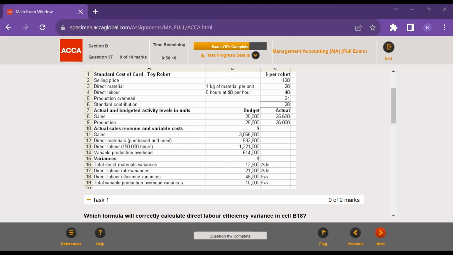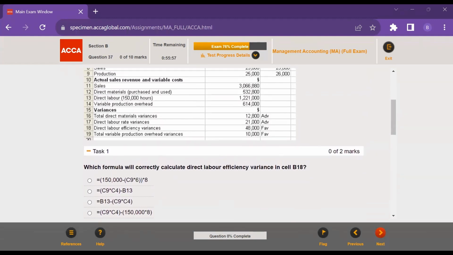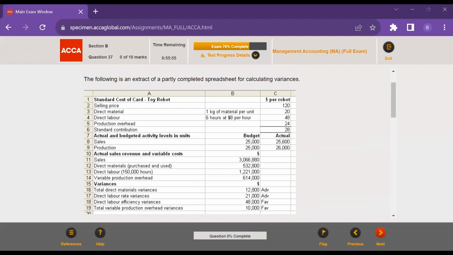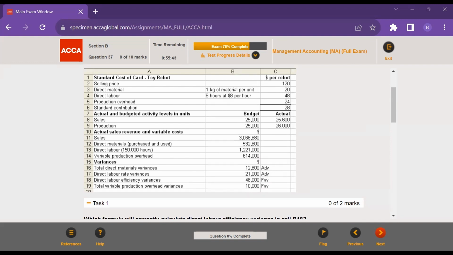So basically we know that our labor efficiency variance is nothing but standard rate multiplied by standard hours for production minus actual hours, right? So for this formula we'll have to choose that one where it is multiplying first of all the actual hours which have been taken, which is 26,000. Sorry, this is the number of units, and then how much it should be for 1 unit, it is 48.